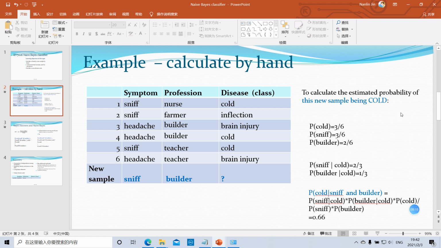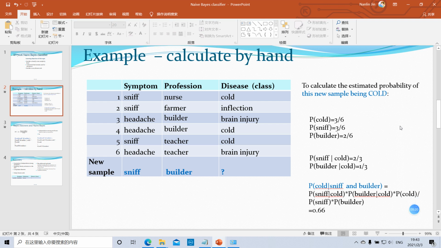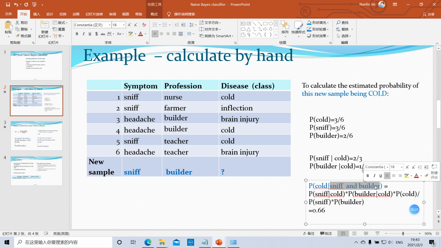Okay, now we move on. This patient has both symptoms: sniff and he is a builder. So now we calculate, on the condition of sniff and builder, the probability that this patient has cold.